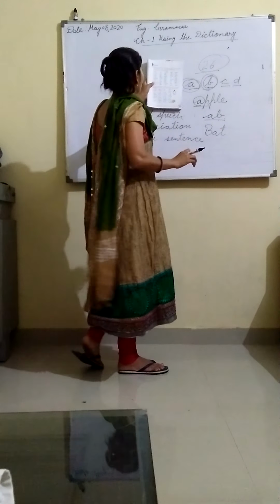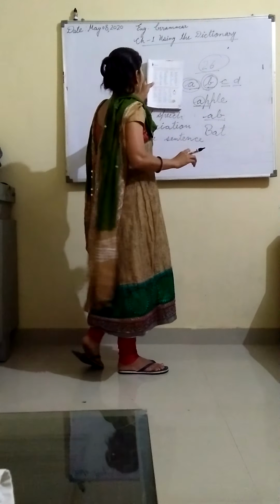Next is 8, leave, lazy, circle, leaky, underline. Next is 9, flower bed, flat, circle, flower pot, underline. Next is number 10, outfit, the highlighted word, offer is circled, then owl will be underlined here.